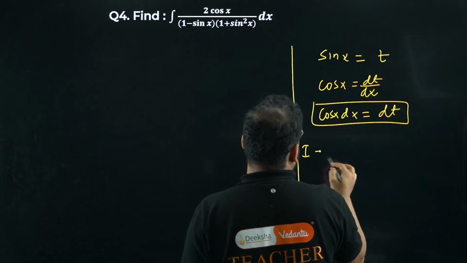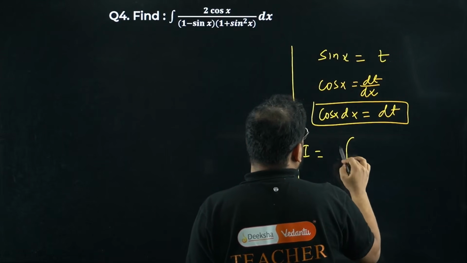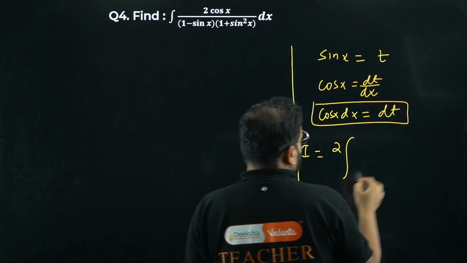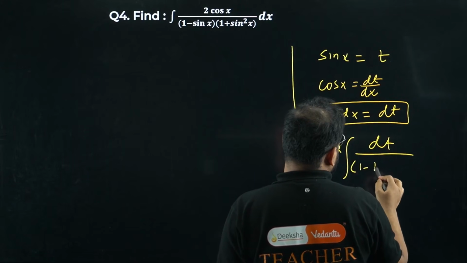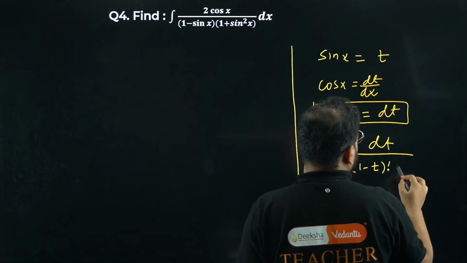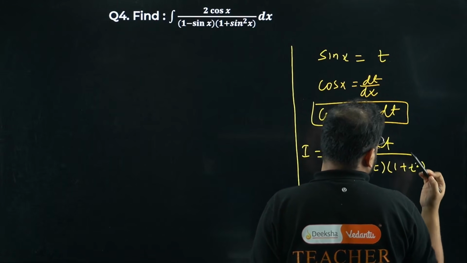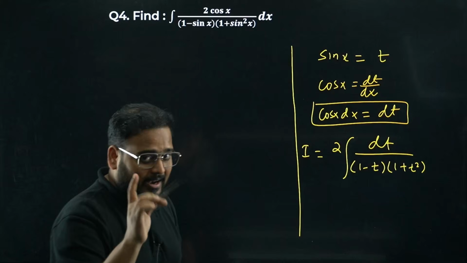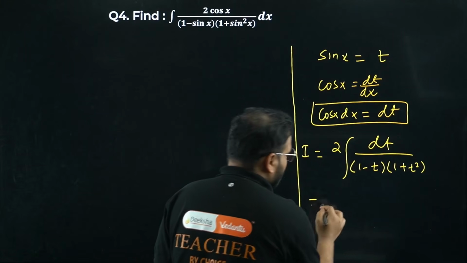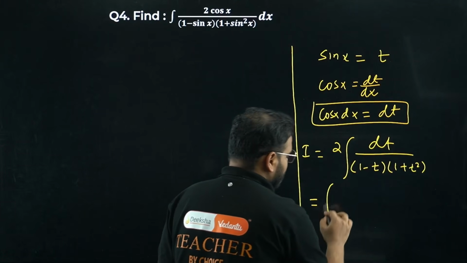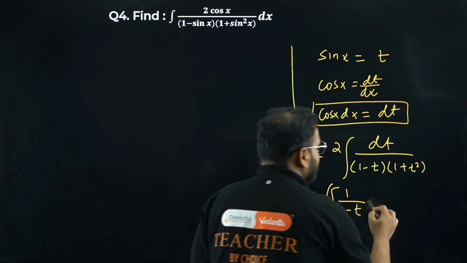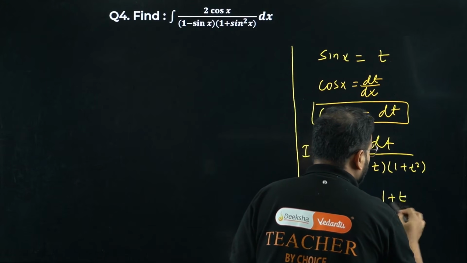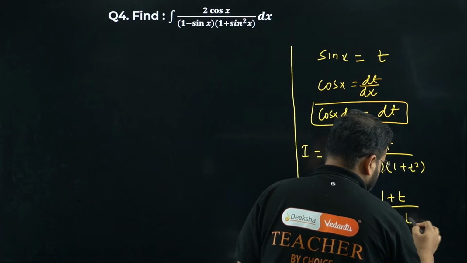So 2 can be kept outside, dt upon 1 minus t and 1 plus t square. Now let's look at one very interesting thing I'm going to do over here. It'll become like this: integration of 1 upon 1 minus t plus 1 plus t upon 1 plus t square.